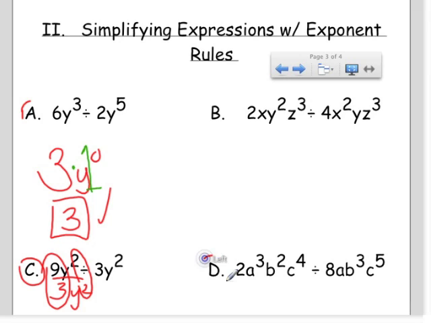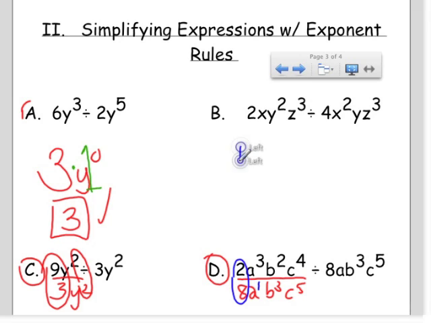Next, looking at D, 2a to the third times b squared times c to the fourth, divided by 8a b to the third c to the fifth. First thing you should recognize is that this is really a to the first. It's a secret. So if you divide the numbers, 2 divided by 8 doesn't divide evenly.